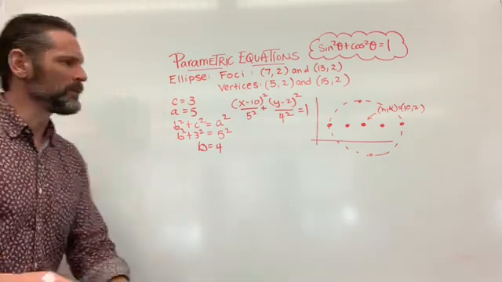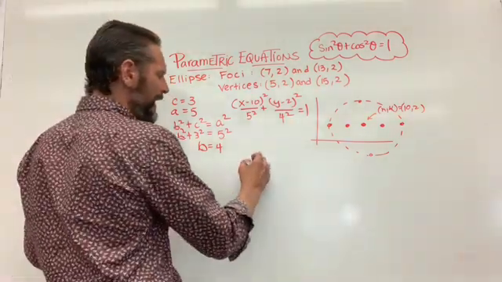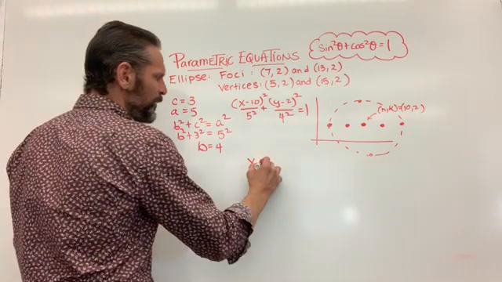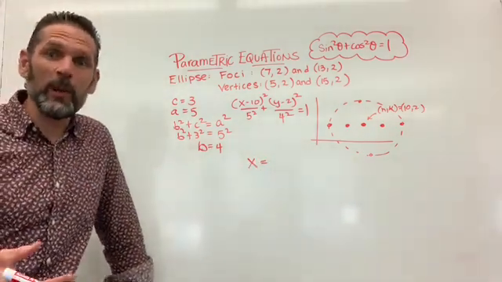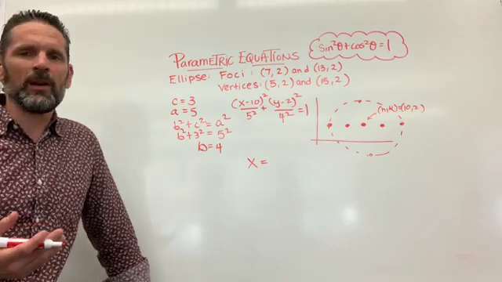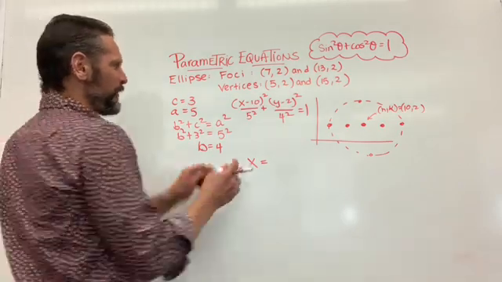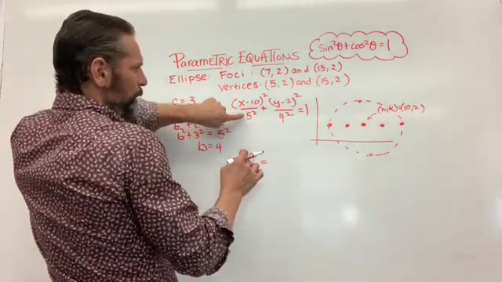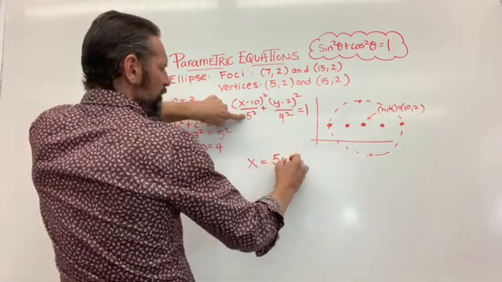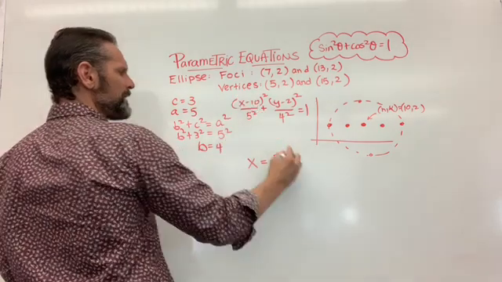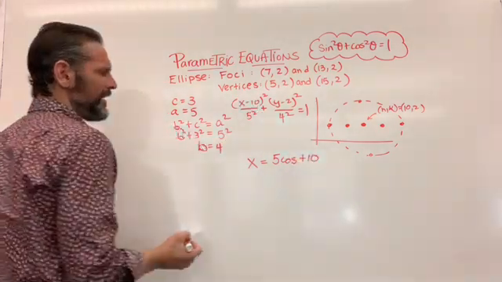Find the parametric equation. So I know that x is equal to, I usually put x with cosine just because of our long history with trigonometry, x being cosine. I know I have to work backwards. Well, if I want a 5 on the bottom, I'm going to say 5 cosine, and if I want it to be minus 10, I'll add 10 there.